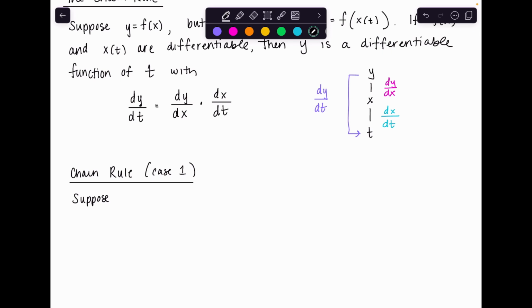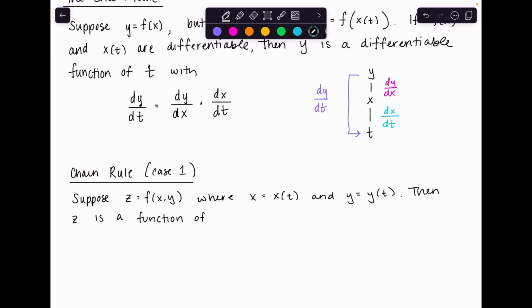So suppose that z is a function of x and y, where x is a function of t, and y is also a function of t. Then ultimately, z is also a function of t. And we can figure out how to take that derivative. Okay.